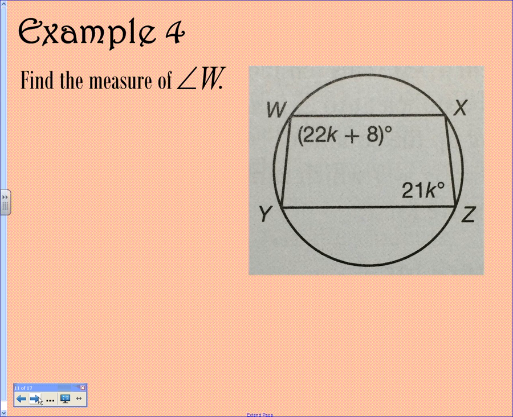43 equals 172. Oh, I got K. I have an angle. So what angle? Oh, they equal 180.